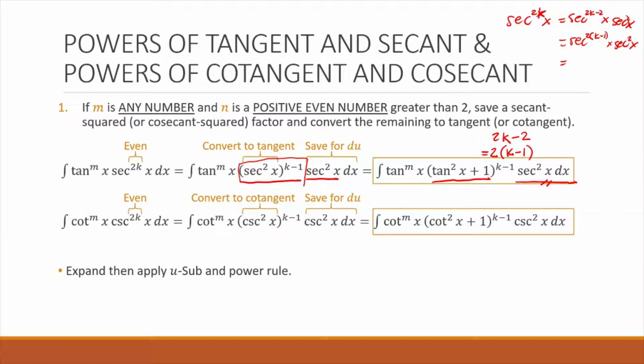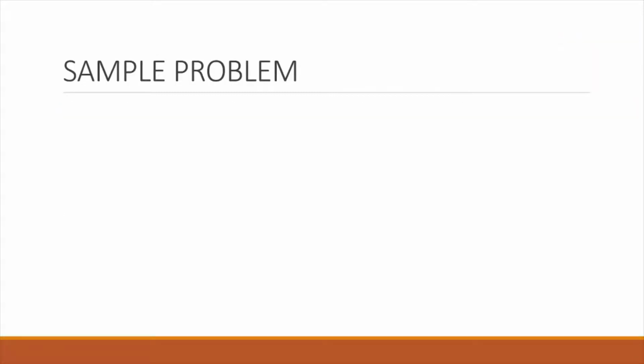Okay, so let's look at an example. We have here the integral of tangent raised to 5 of x secant raised to 4 of x dx. So this is the first case, obviously, kasi the power ng secant is a positive even number. So from secant raised to 4 of x, we isolate secant squared. And then secant squared x, using the Pythagorean identity, we convert it to tangent.